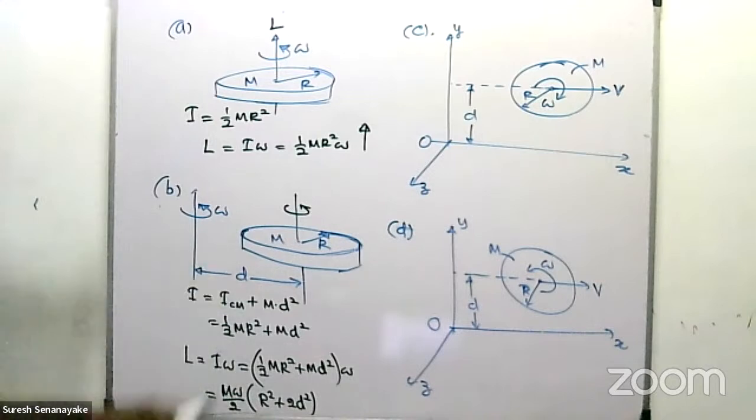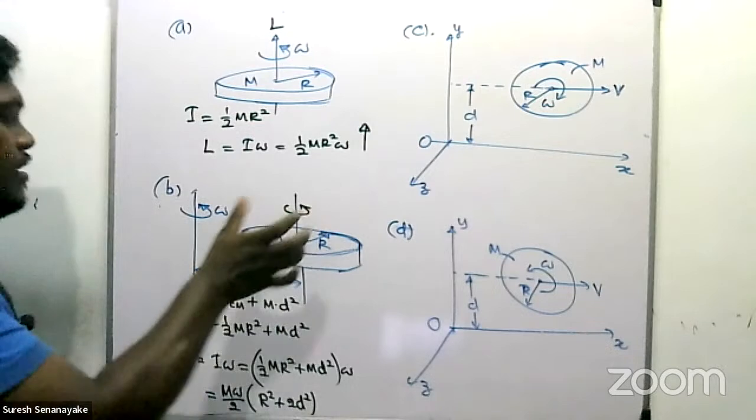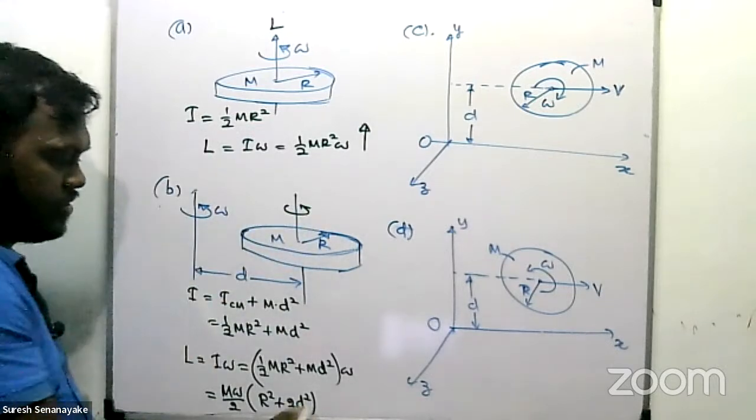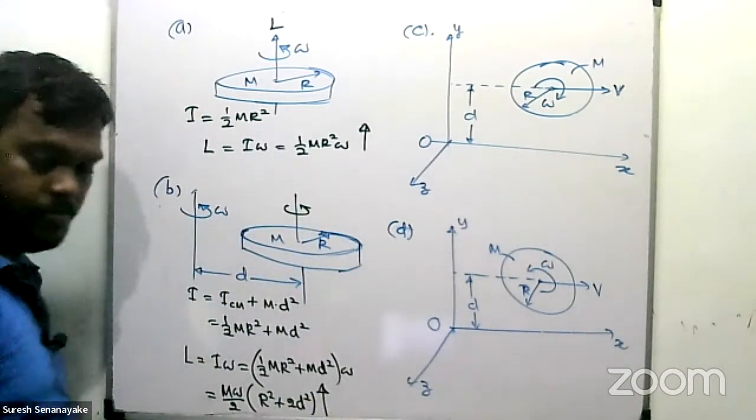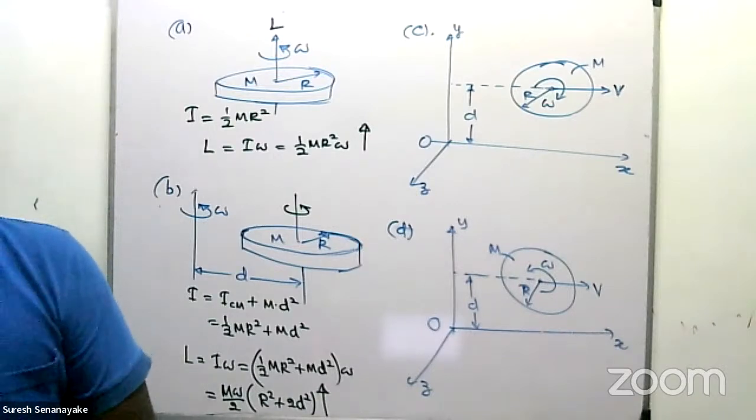In this case the angular momentum is this, and it is also rotating about this axis, so its direction is up. Okay, clear?